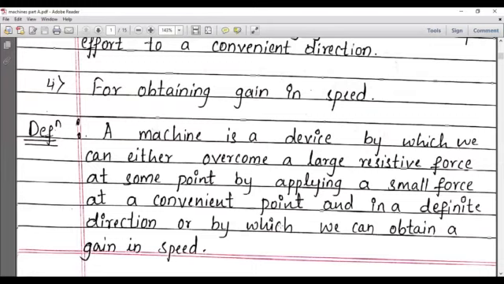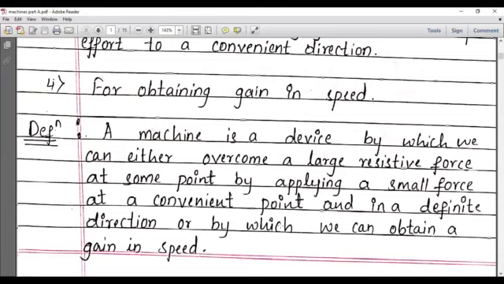It means you are overcoming the load and doing some work at some point by applying a small force. You apply a small force, but you can see the large difference in the work, at a convenient point and in a definite direction, or by which we can obtain gain in speed.